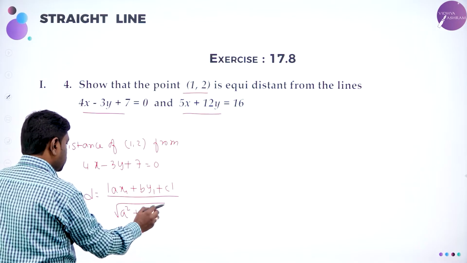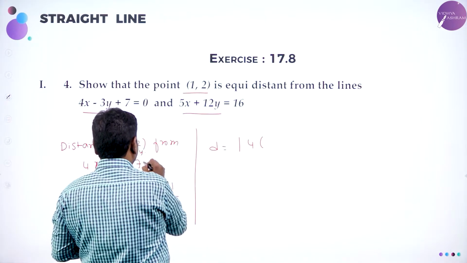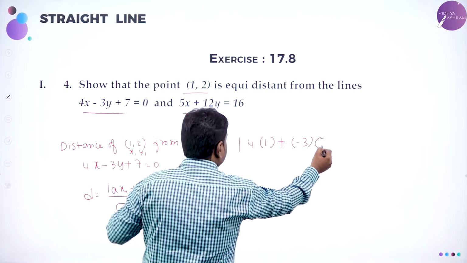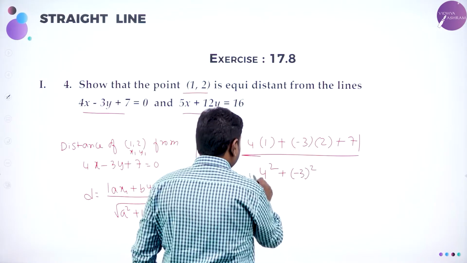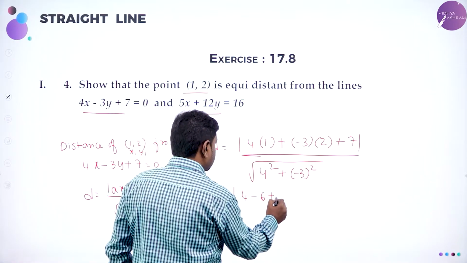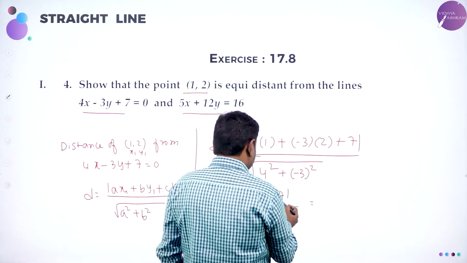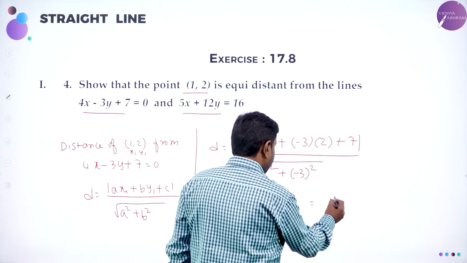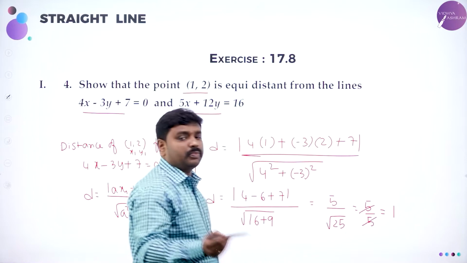Use the formula and substitute it. 4 into x1, this point is x1, y1, all of you know, 4 into 1, plus b, which is minus 3, into y1 which is 2, plus c, which is 7, divided by root of 16 plus 9. So that is 4 minus 6 plus 7, which is 5, divided by root 25. Root 25 is 5, so 5 by 5 is 1.